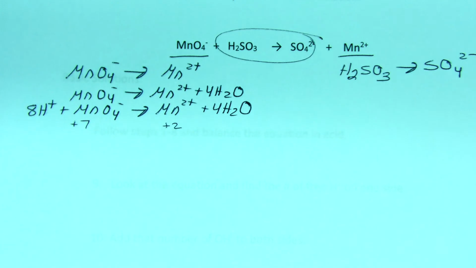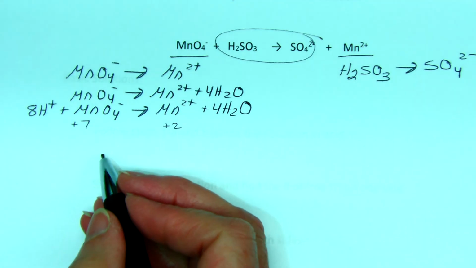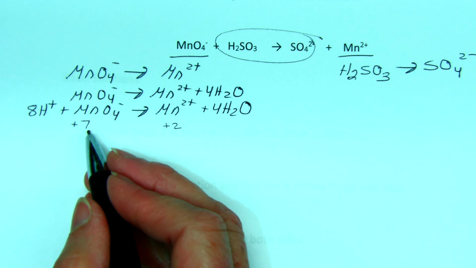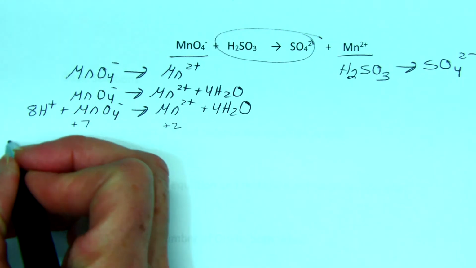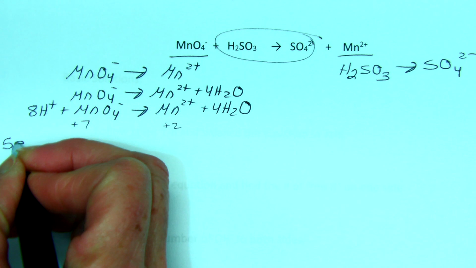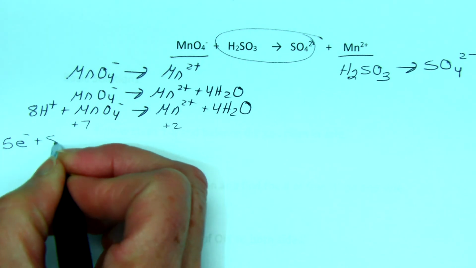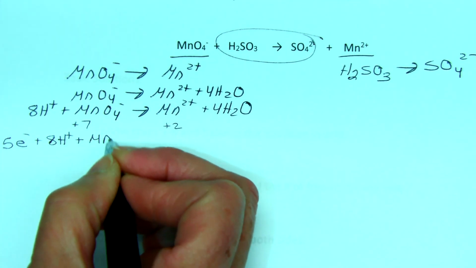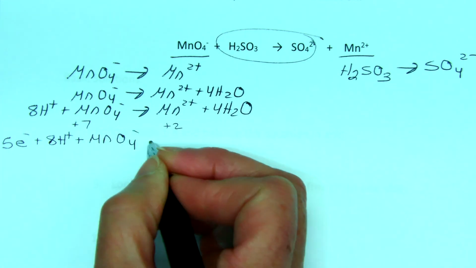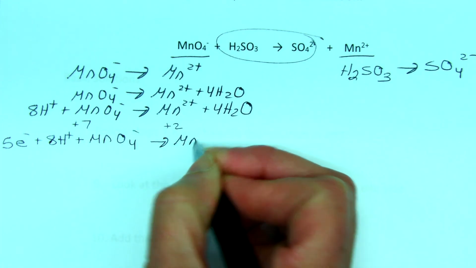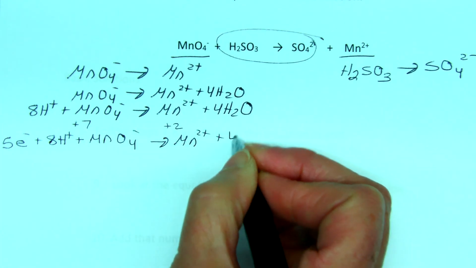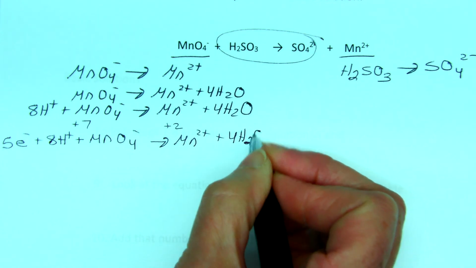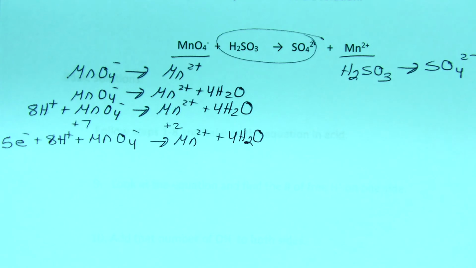So in order to make them the same, the only thing I have to work with is electrons, so I add 5 electrons to the left-hand side, so I now have 8 hydrogen ions, a permanganate ion, and 5 electrons yielding a manganese ion plus 4 waters.